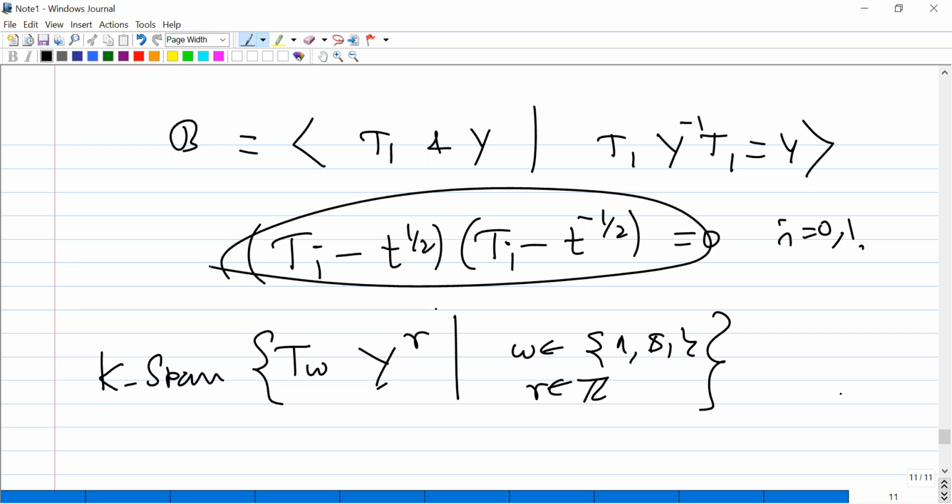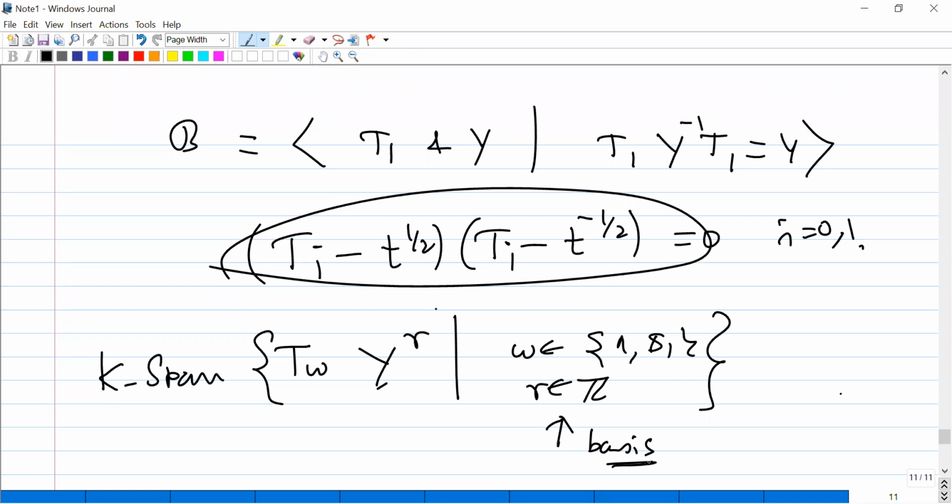So from this affine Hecke algebra, you are going to the group algebra of this affine Weyl group. Since you know what the basis for the group algebra is, using that information you can conclude that this spanning set is indeed a basis. So we get a very nice basis for the affine Hecke algebra.